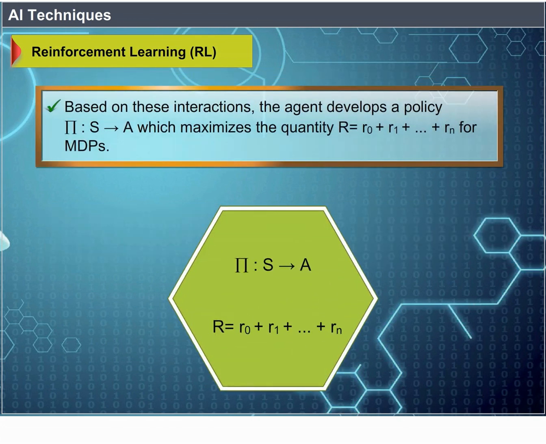Based on these interactions, the agent develops a policy pi: S → A, which maximizes the quantity R = r0 + r1 + ... + rn for MDPs.